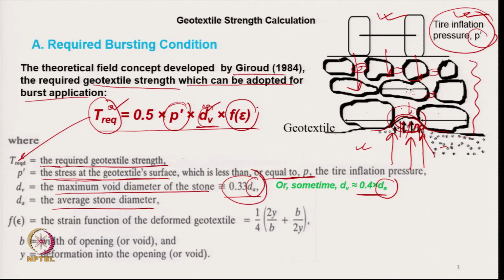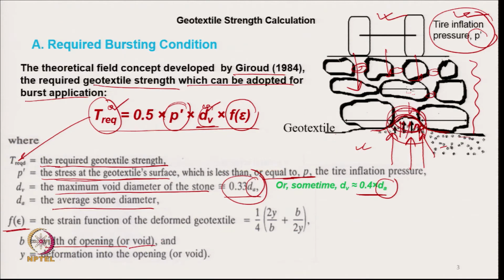F epsilon is the strain function of the deformed geotextile. Here the geotextile is being deformed, and this strain function is denoted by F epsilon, which is related with the width of the opening or void.